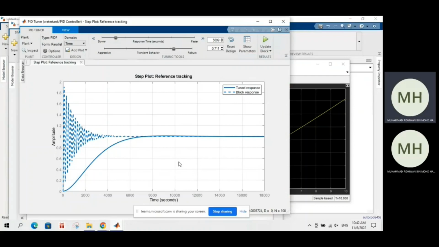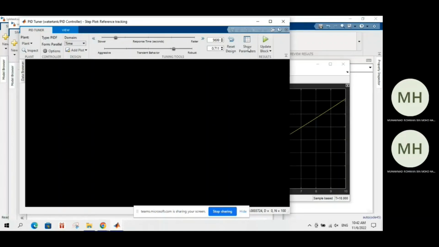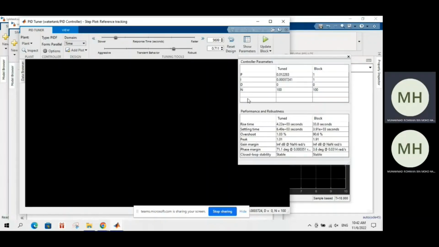Then we use the PID tuner to tune the system to obtain zero overshoot and small settling time. The PID tuner also allows us to tune the signal to obtain the required output. The parameters for P, I, D, and N are measured.